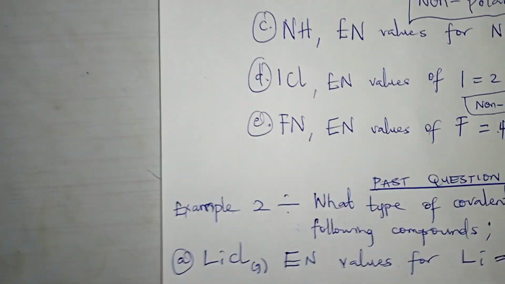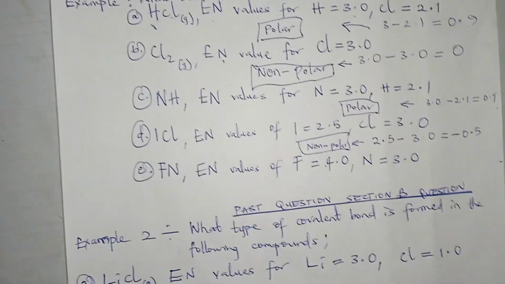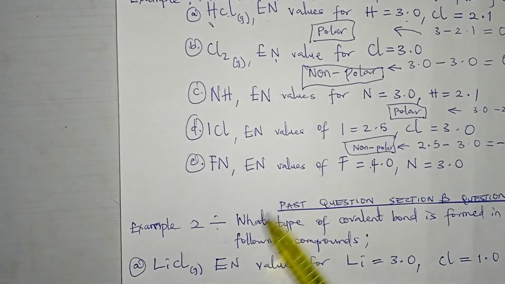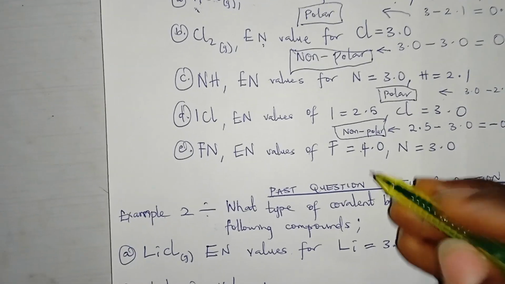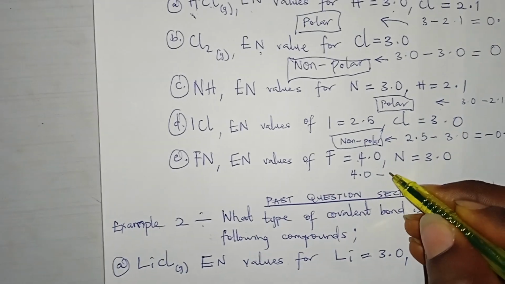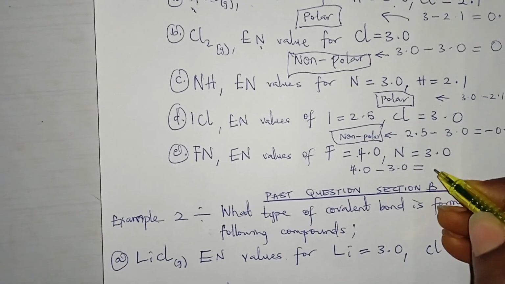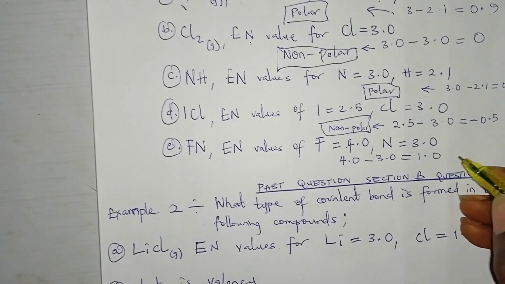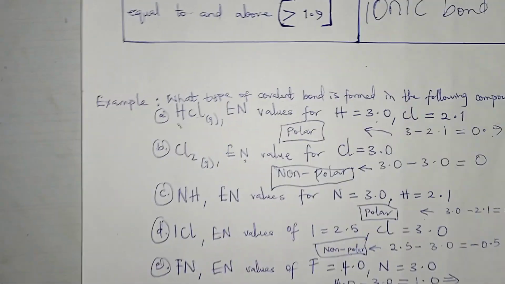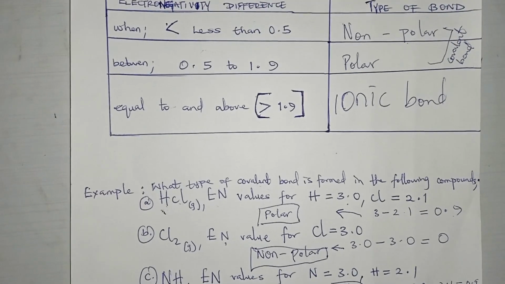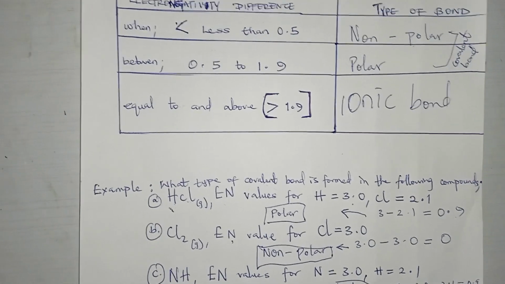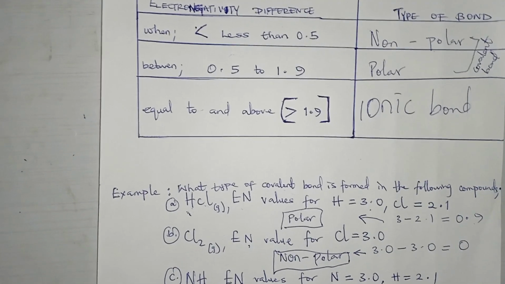So we move to the last one. The last one says fluorine is 4.0 and nitrogen is 3.0. So when you do this, this is 1.0, and 1.0 is definitely more than 0.5, but it is in the range of 0.5 and 1.9.